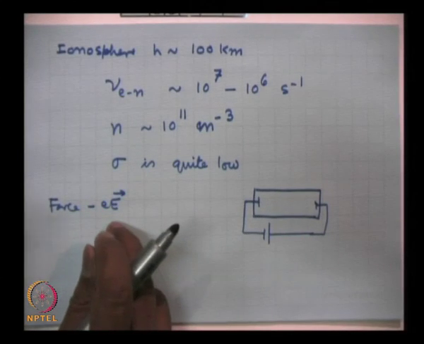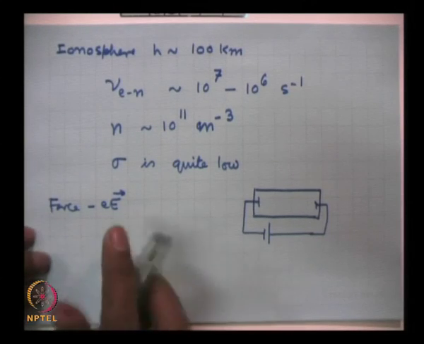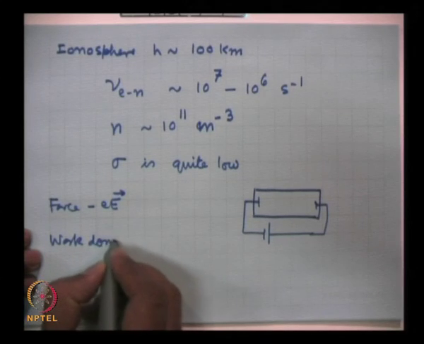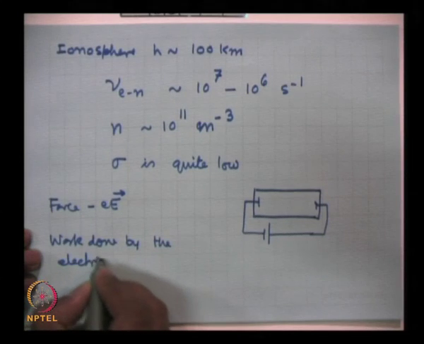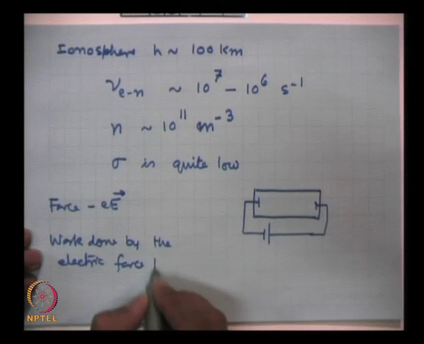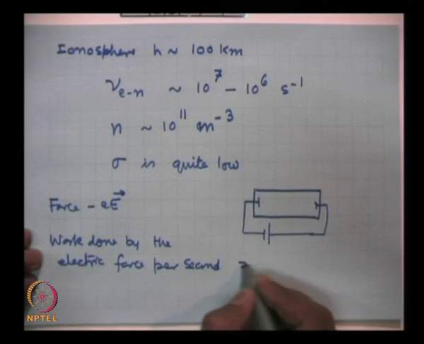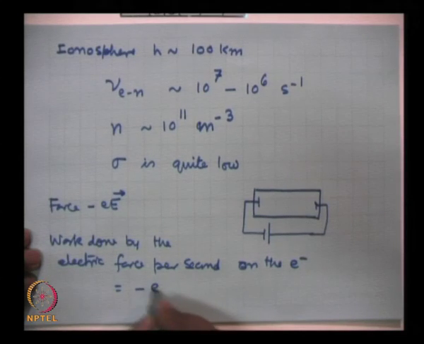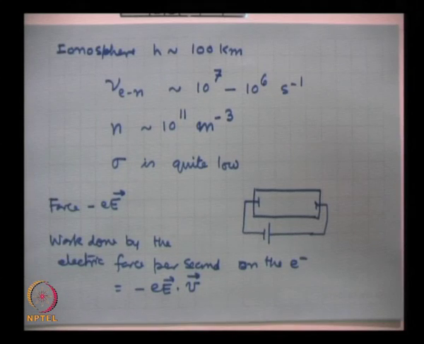So, when an electron experiences a force due to the electric field and it moves in the same direction, the work done by the electric force per second on the electron would be equal to the force times the distance travelled by the particle in the direction of force per second.